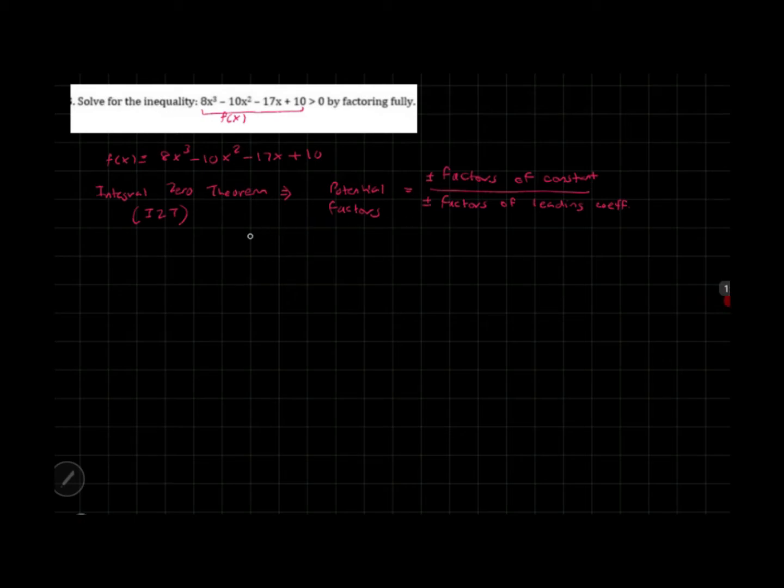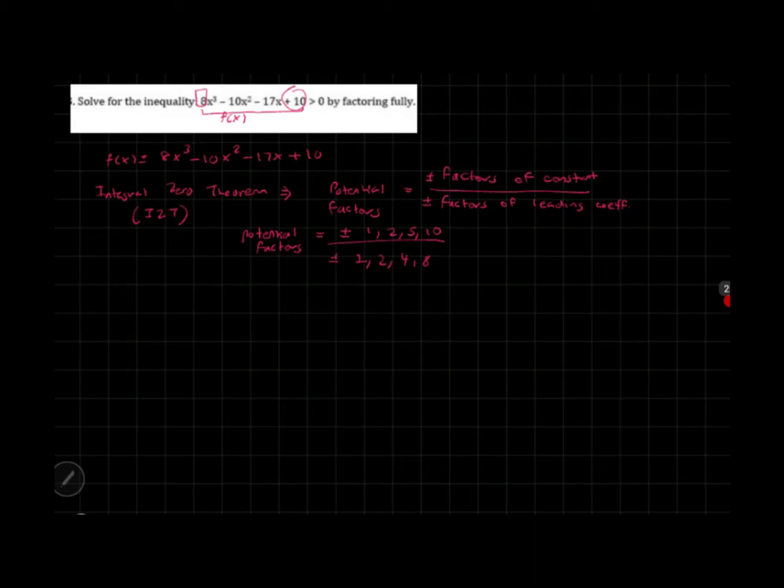So in this case, our potential factors here are factors of a constant here, plus minus factors of 10, right? Because our constant here is positive 10. So we're doing 1, 2, 5, and 10. And factors of our leading coefficient, plus minus 1. We're basically looking at this 8 here: 1, 2, 4, and 8.